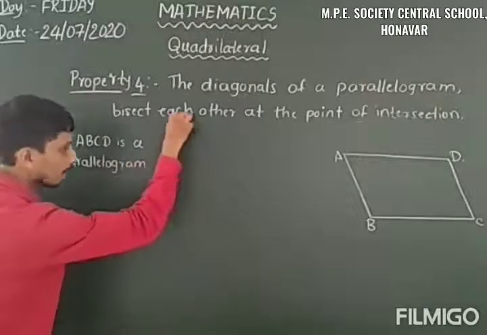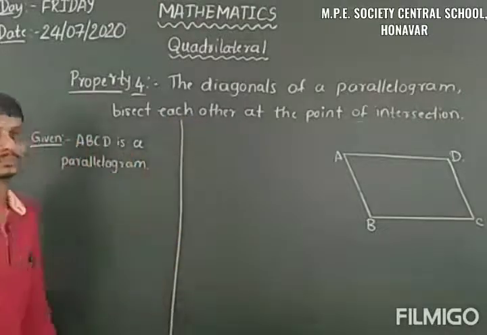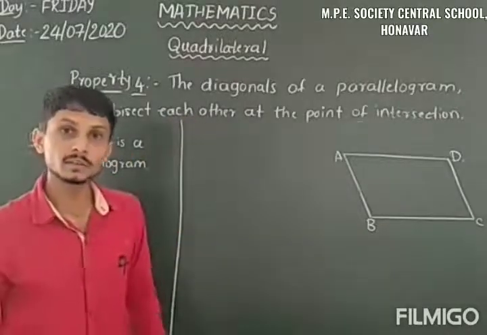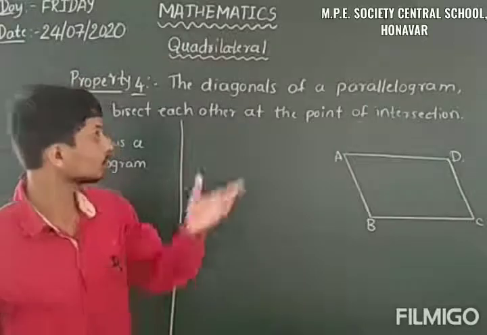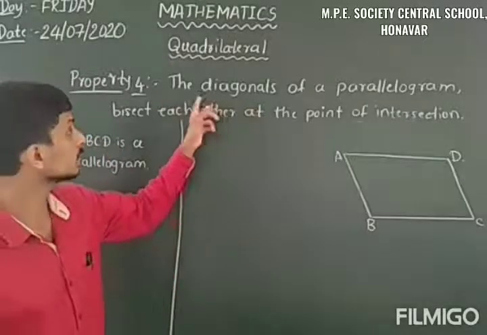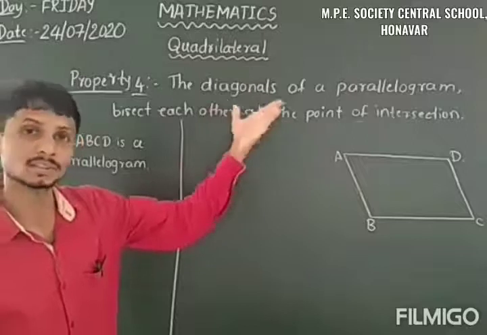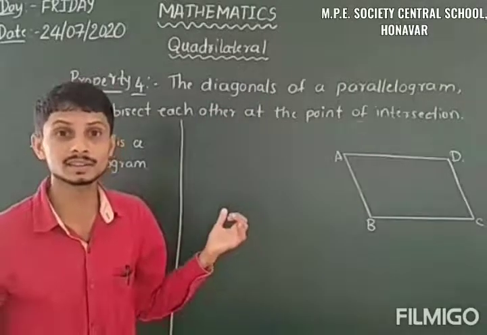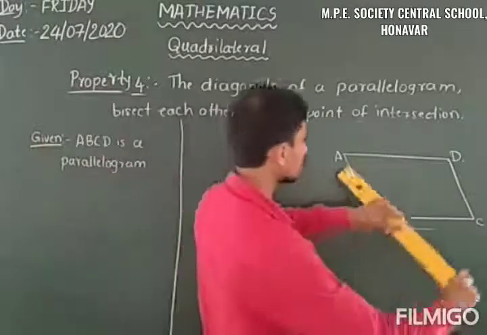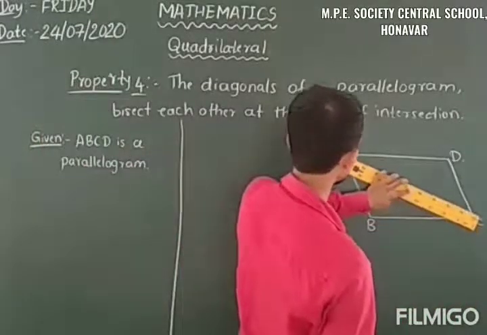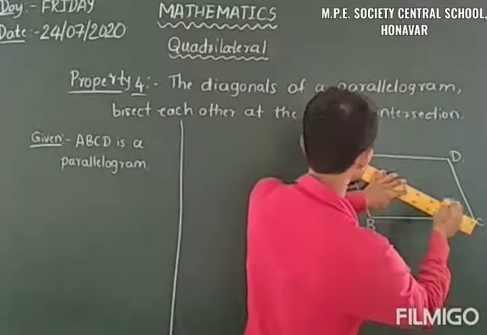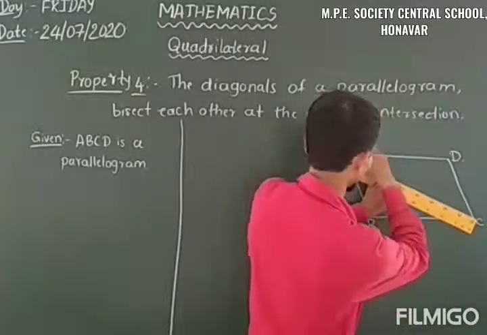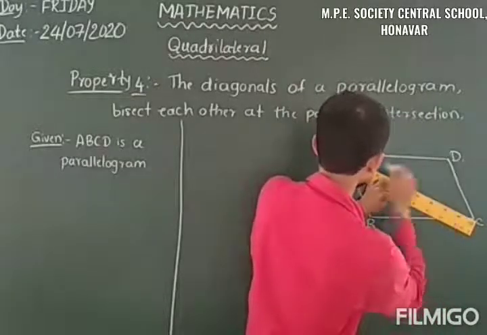I will write this on the blackboard here. Then we want diagonals here. It clearly says the diagonals of a parallelogram, so that means we have to construct the diagonals here. That is, AC and BD are diagonals.